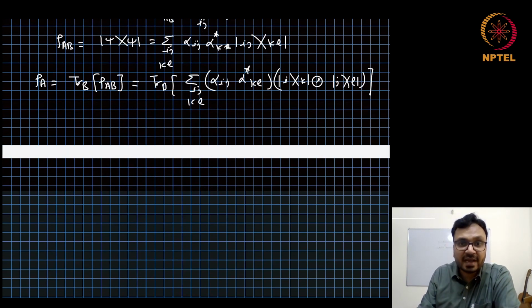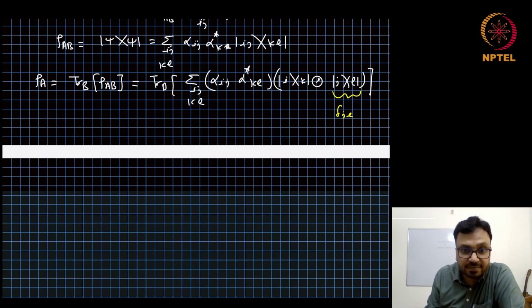So the trace will act only on the subsystem B. And when we take the trace of |j><l|, after taking the trace, it will be delta of j l. So it means we can take the summation over j or summation over l, and wherever we have l, we replace it with j. So it becomes the sum over i, j, and k of alpha ij alpha star kj |i><k|.